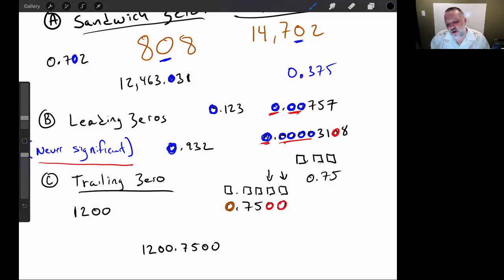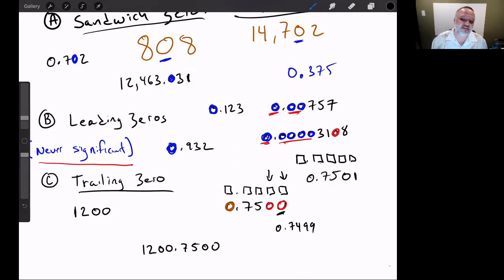So if I have all 4 of these decimal places, what could it be? It could have read 0.7499. It could have read, and I'm going to add the 2 digits on this side just so I have some room, 0.7501. It didn't read either of those two. It read this one.